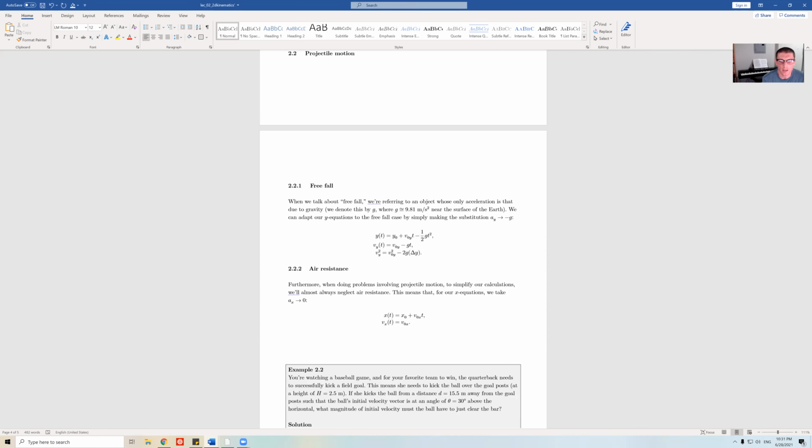And the second one states something we just asserted, which is that there will be no air resistance, and thus the x component of velocity will be constant, right? So let me see what I have here. Yeah, so this is it for projectile motion, right?